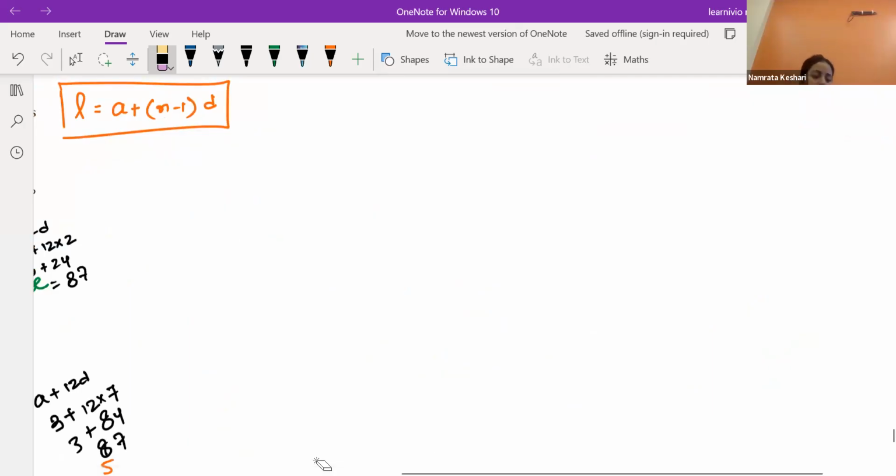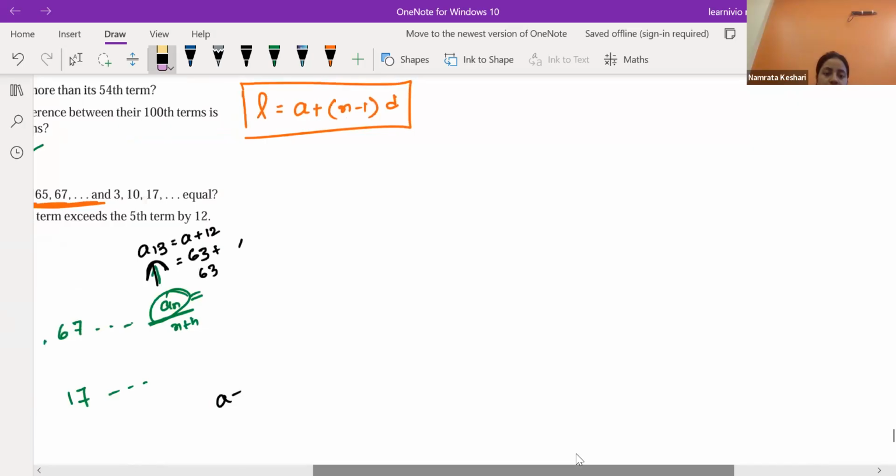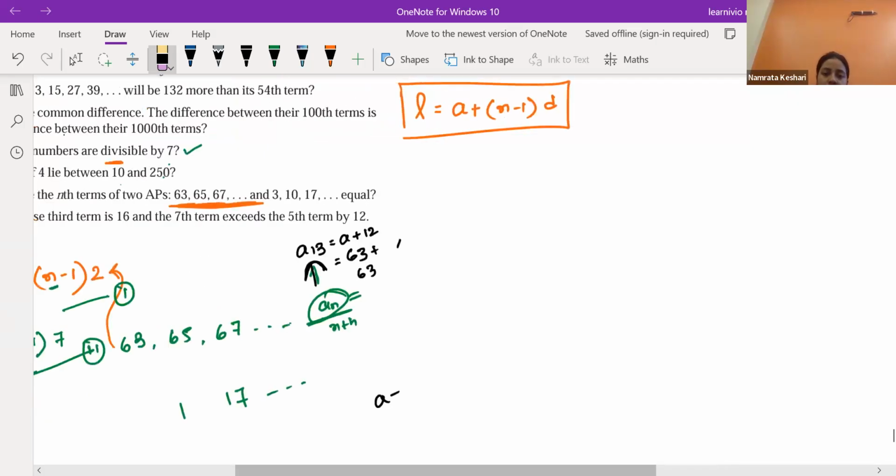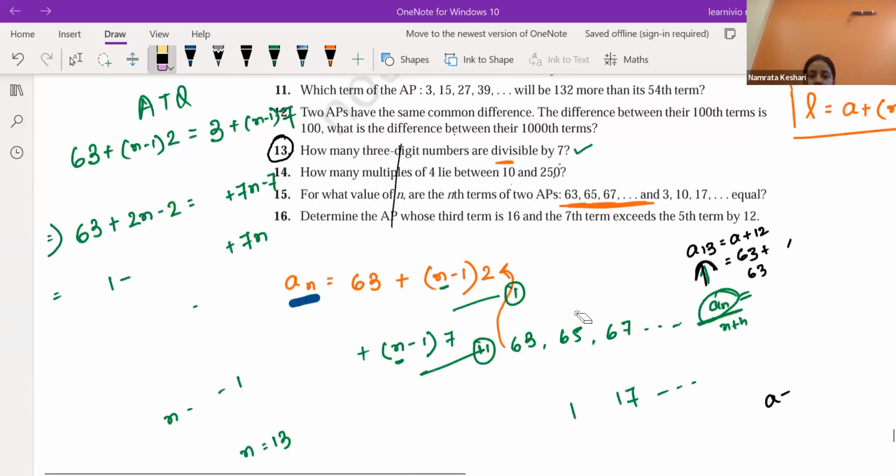Let me take the last one also, so that now we can take the concept of sum of n terms of an AP. Determine the AP whose third term is 16 and seventh term exceeds the fifth term by 12.